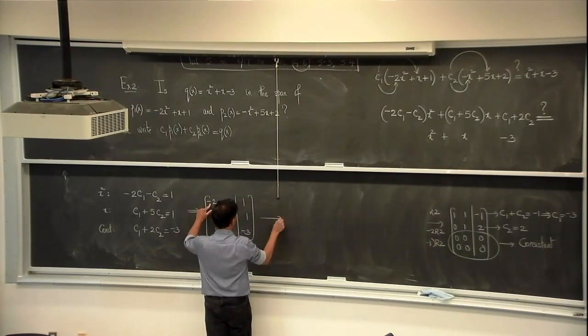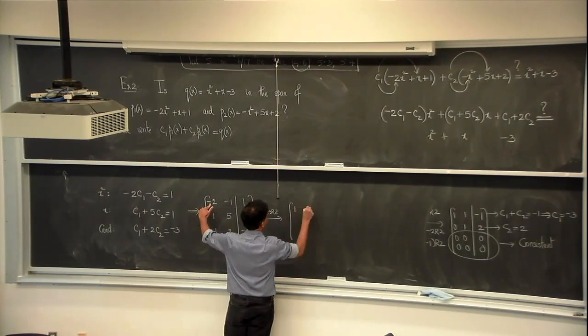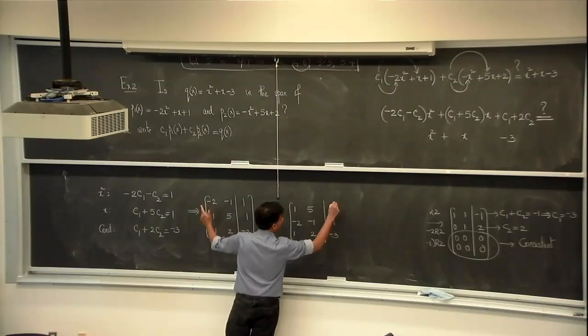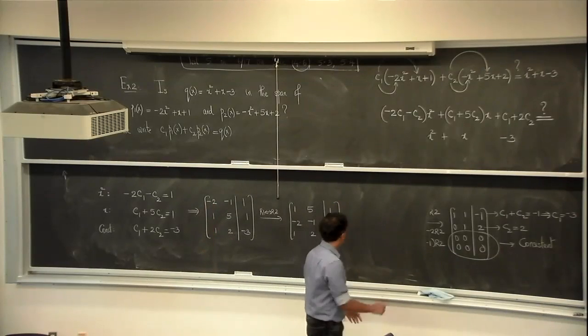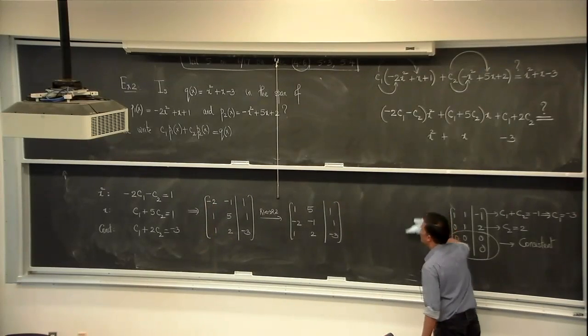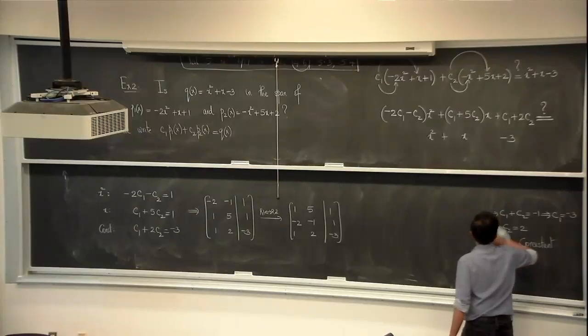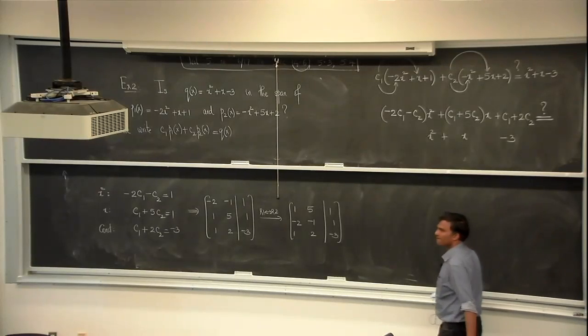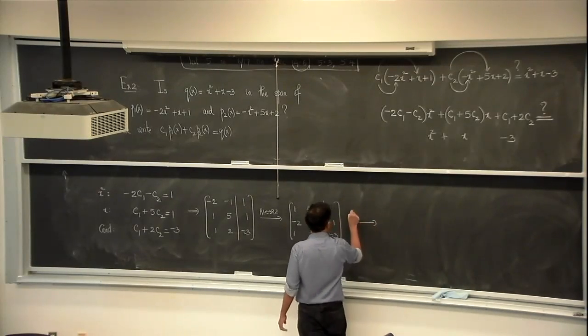You can swap R1 and R2, and you get 1, 5, 1, negative 2, negative 1, 1, 1, 2, negative 3. All right, let's do R2 plus 2R1 and R3 minus R1.